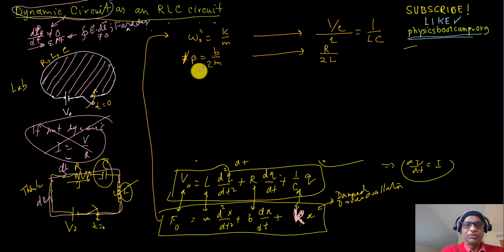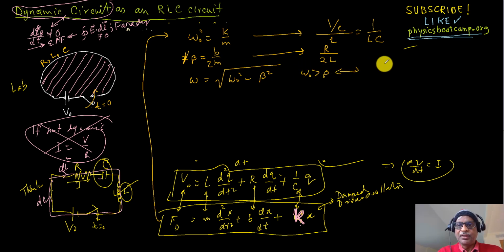And so what we get is omega for just the damped case: omega is the square root of omega naught square minus beta square. That's omega naught greater than beta, and this is the case of oscillating, the so-called underdamped oscillator.